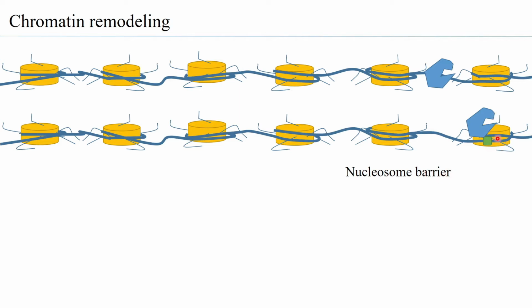For example, if the origin of replication is within the chromatin region, then the opening up of the DNA at that origin becomes difficult because the initiator cannot come and bind to unwind the DNA to form the two templates. This applies to any molecular mechanism.